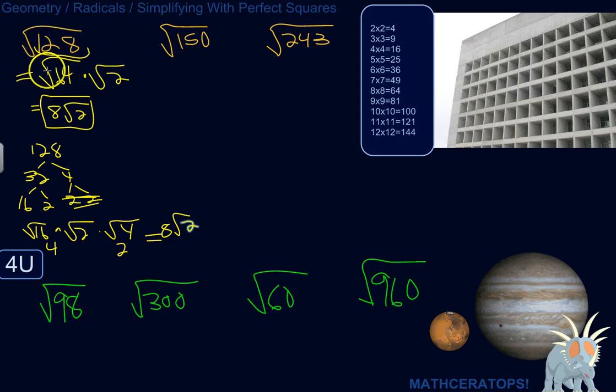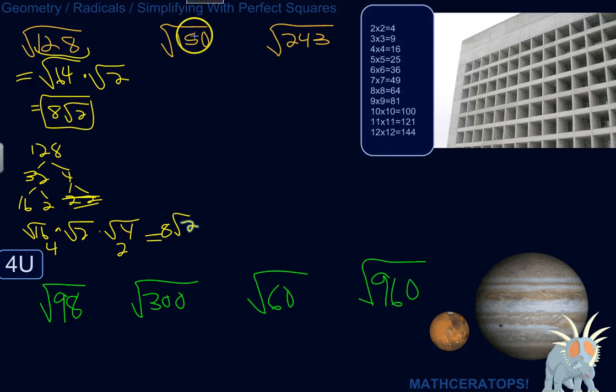So this radical expression is equivalent to the square root of 64 times the square root of 2. 64 is a perfect square. Boom, done. So it's just a shortcut. If it's not easy to see, don't worry about it. Just factor until you can see some things that you could square root and get out of the radical.